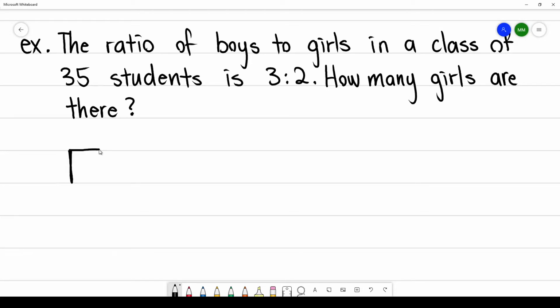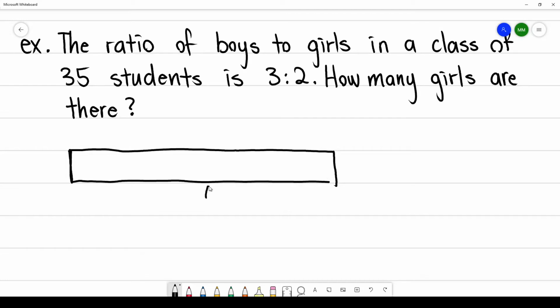So let's say that this box here represents the total number of students, and in this case, this would be 35. But I'm not too worried about this right now. Now, the ratio is 2 to 3.